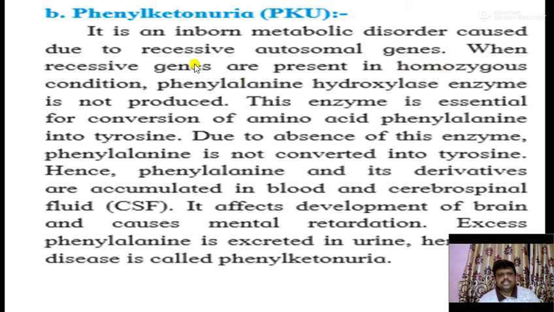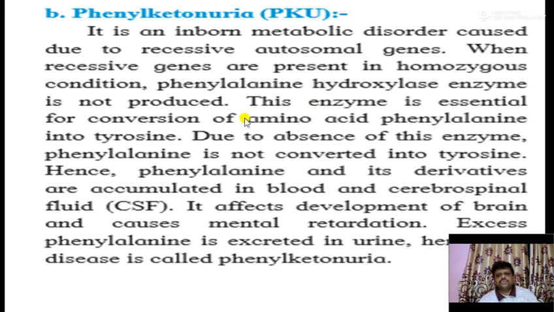So, when recessive genes are present in the homozygous condition, phenylalanine hydroxylase enzyme is not produced. This enzyme is very essential for the conversion of amino acid phenylalanine into tyrosine.